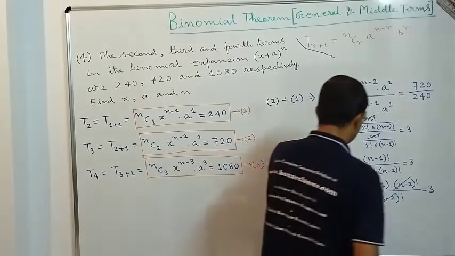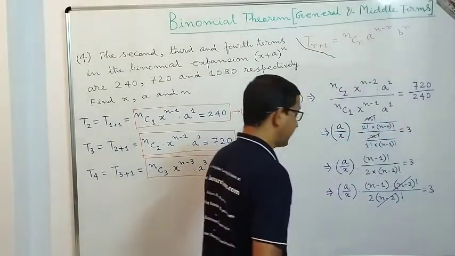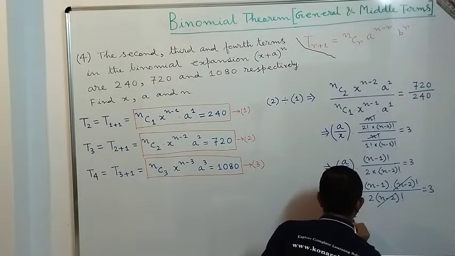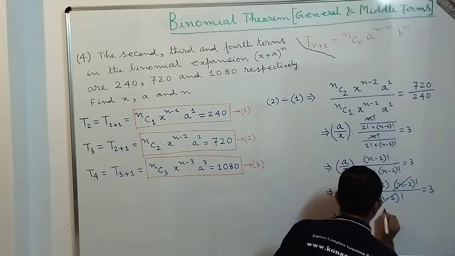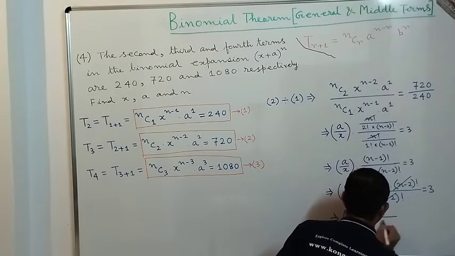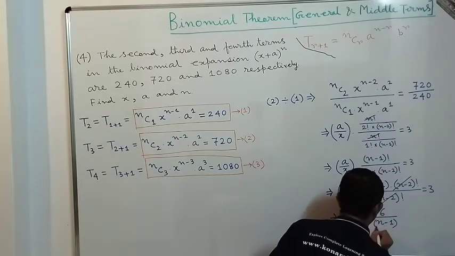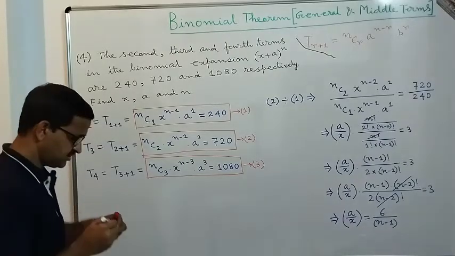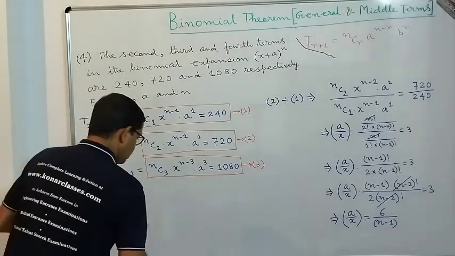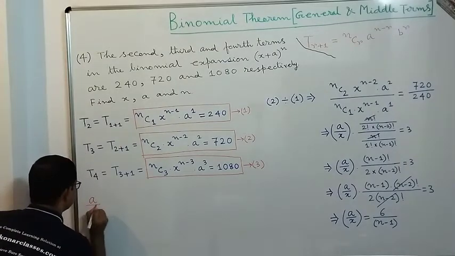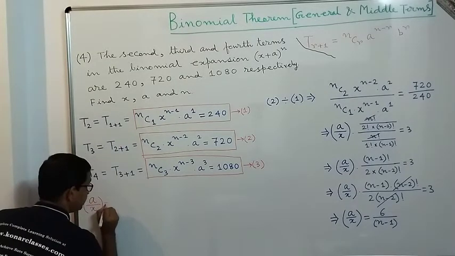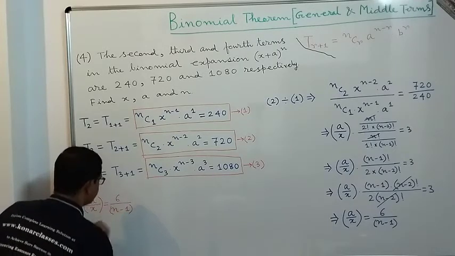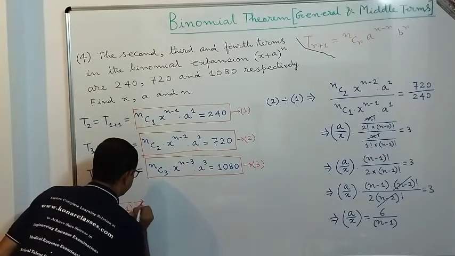So what do we get, dear students? a by x equals 6 by n minus 1, from 2 into 3 is 6, divided by n minus 1. Okay, so let me write it here. In fact, I can use a different color to write this one. So we get a by x is equal to 6 by n minus 1. That we can call equation number 4.